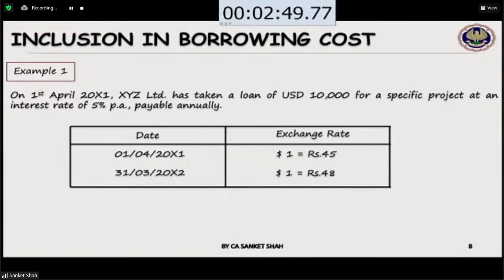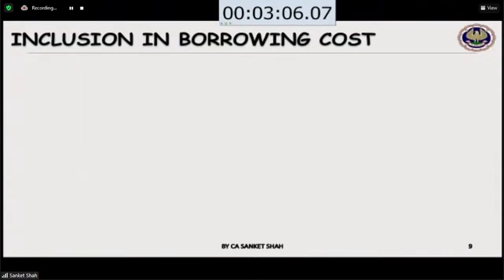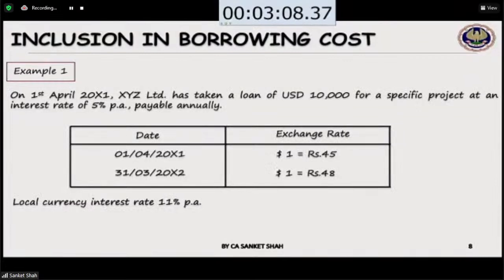Yes, I'm not getting the answers from your side. No one asked me local currency rate. Local currency rate is 11%. No one asked me local currency rate. क्या है बेटा लोकल करेंसी रेट 11%? बोलिए जल्दी.